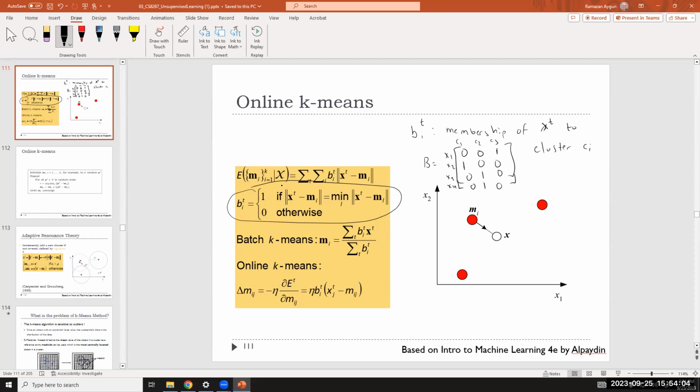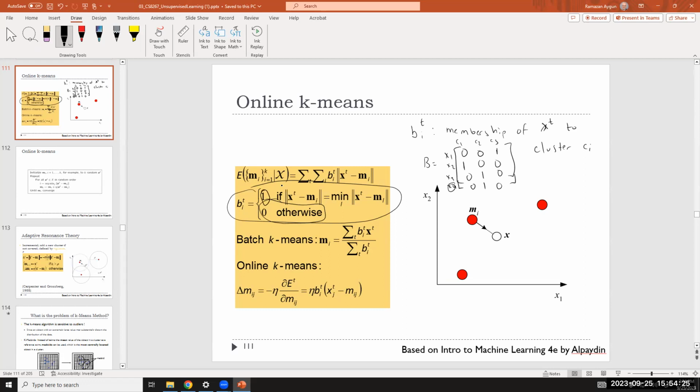And then if you look here, you only need to update the cluster that the item belongs to. So for example, X4 only impacts cluster C2, it doesn't impact other clusters. That's what it means: only work on the cluster it belongs to.